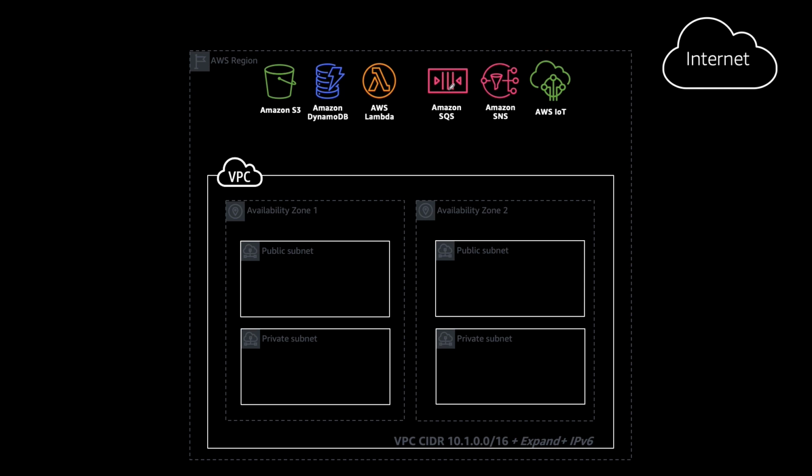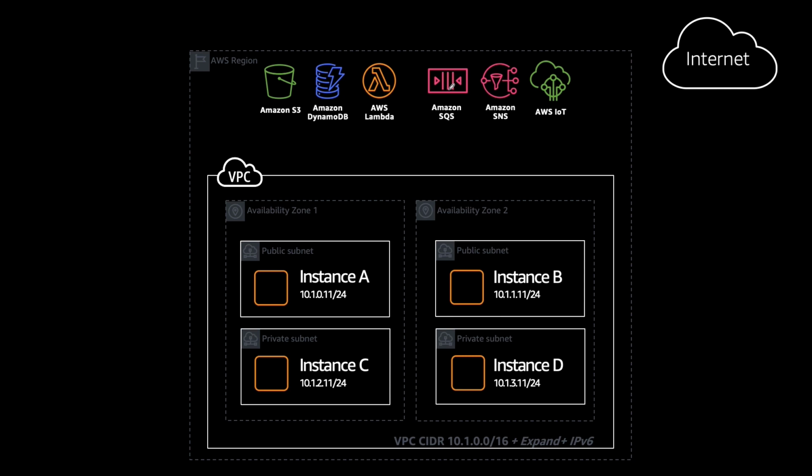Okay, so let's come back to our main question, how we can access internet. So assume that these are the four instances that we have. Instance A, B, C, and D are all in four different subnets. So as we have learned, every subnet will have a route table, and by default the route table will have a target as local. That means any instance can talk to any other instance within that VPC.